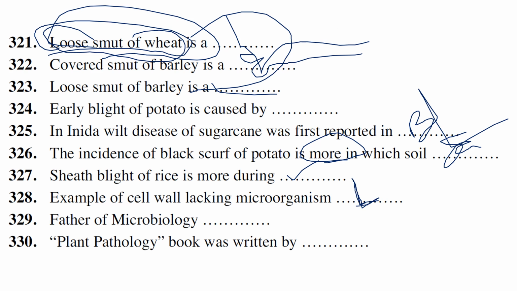cell wall lacking bacteria. Okay. Generally Anton van Leeuwenhoek is considered the father of microbiology, but the father of modern microbiology is Louis Pasteur. And in plant pathology, there are a couple of books, but the Plant Pathology book was actually started by a man called G. Agrios, actually a professor. Now the 6th edition is out, probably published in August 2023.